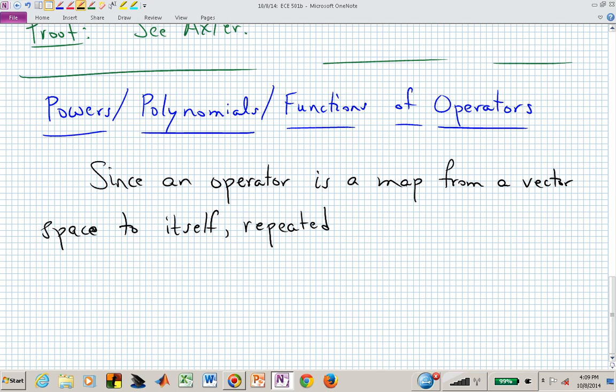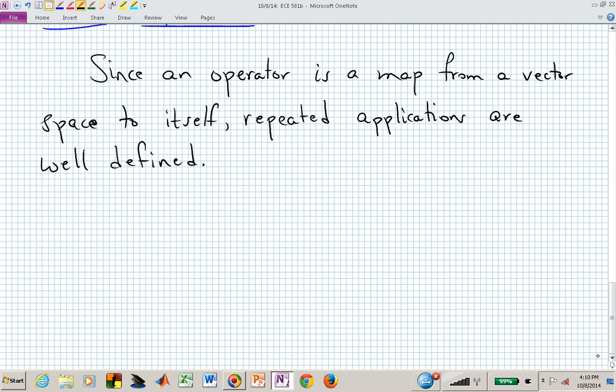So we can now say repeated applications of that operator are well defined. Whatever result we get, we can use that result and apply the operator to that result.